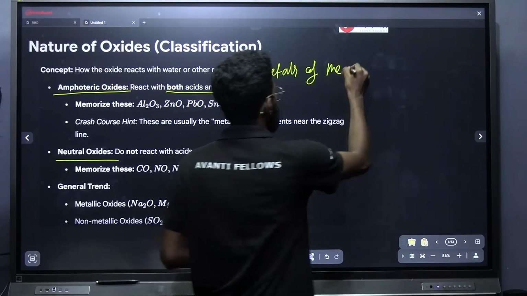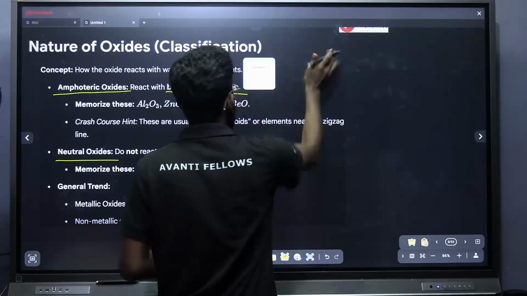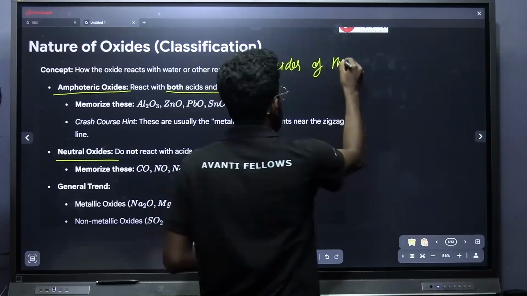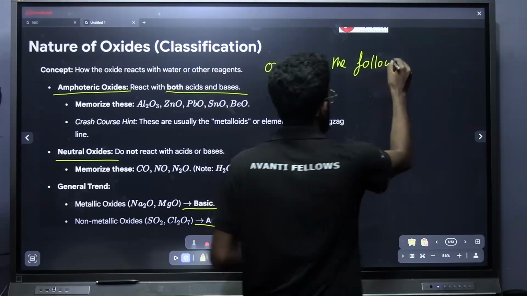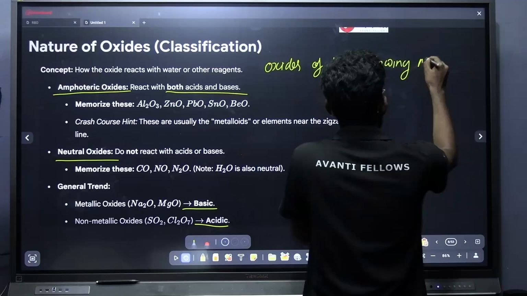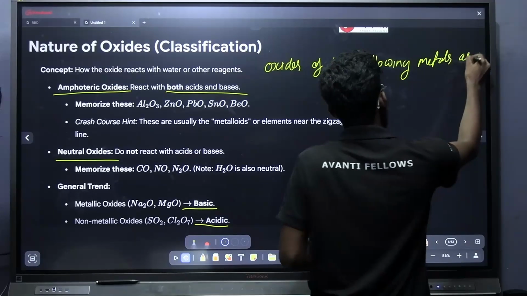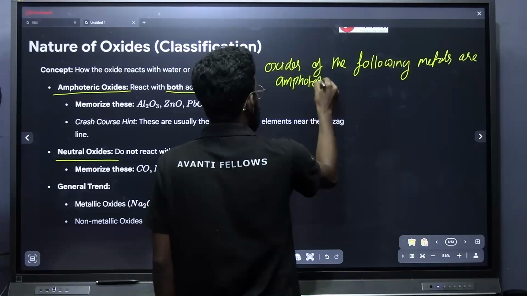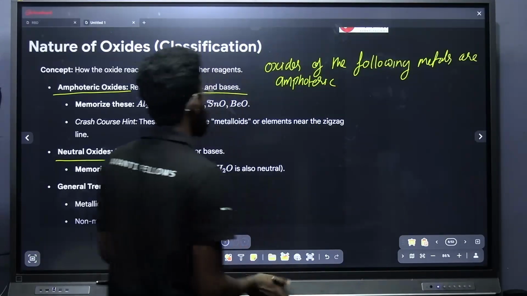The oxides of the following metals are amphoteric. Which are the metals?